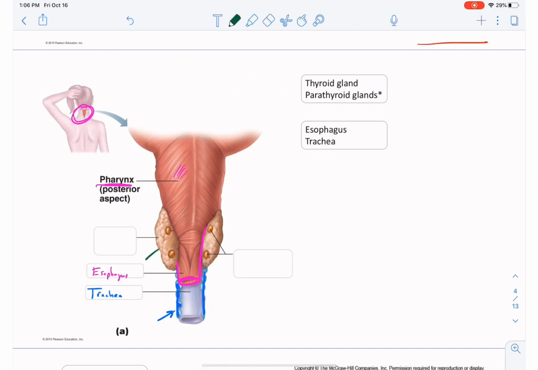What about this gland right there? It looks like a gland, right? Looks glandular, looks like it secretes things. Well, we've already talked about that guy. That's the thyroid gland. And the thyroid gland wraps around the front of the trachea near the larynx, and it doesn't quite complete that loop around the posterior end.